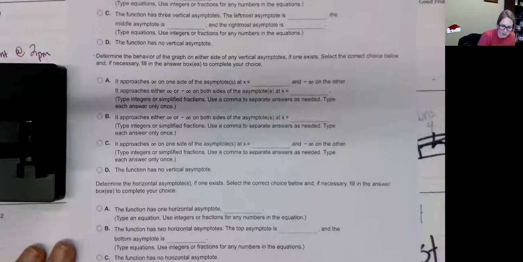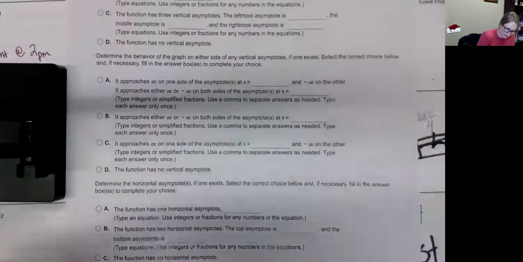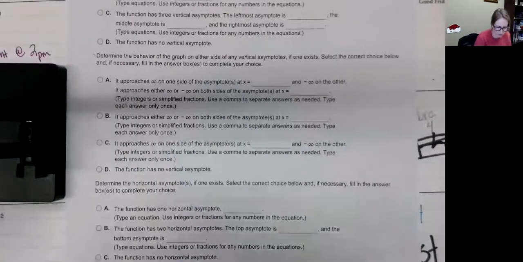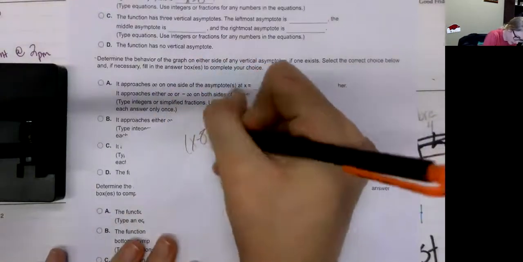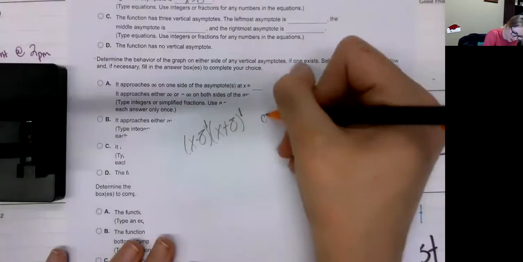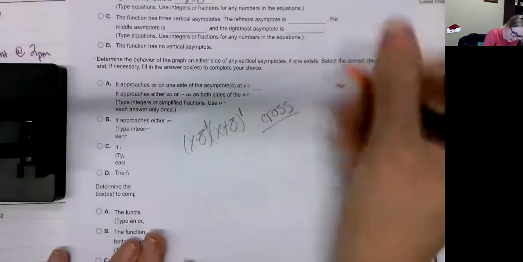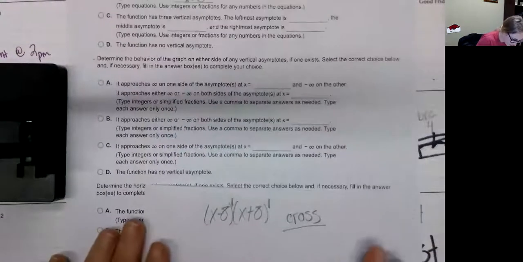Determine the behavior there. So looking at x subtract 8 over x plus 8, the multiplicity of both of them would be 1, so it's going to cross at both of those.